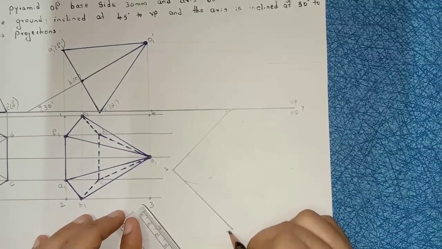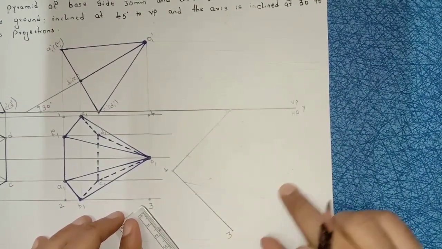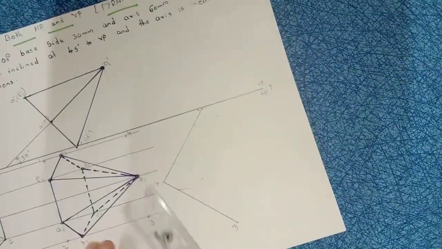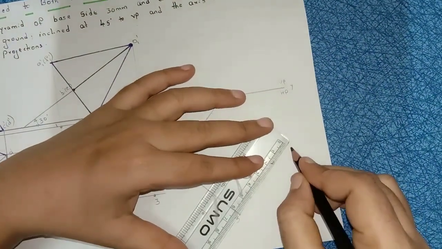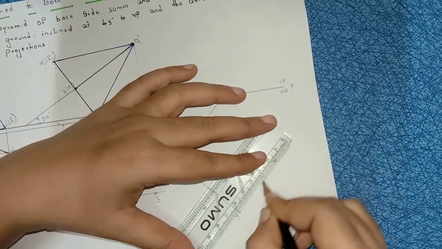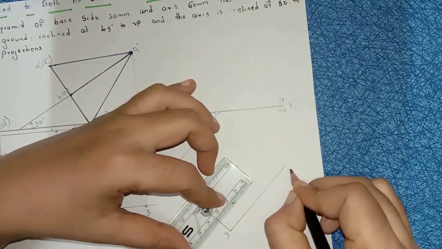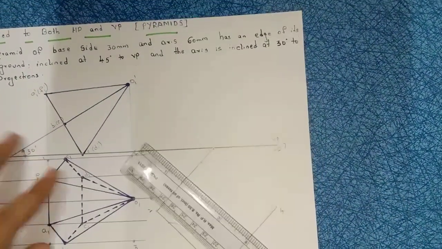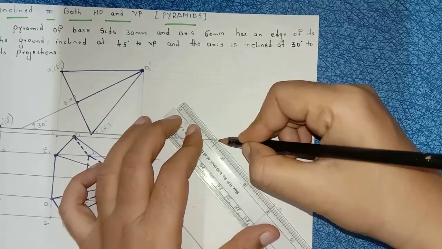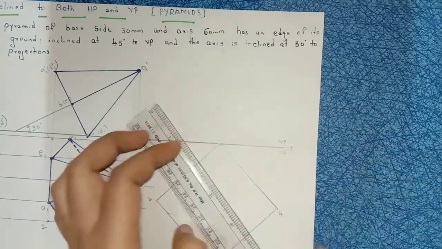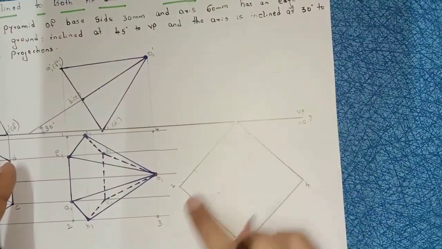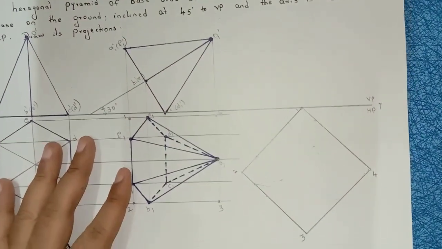Right, this is 3. After that, place your protractor here, mark 90 degrees, measure this 3 to 4 and draw here 3 to 4. Name this point as here 4. Right, now join here 1 to 4. Right, now see 1, 2, 3, 4 is a box.